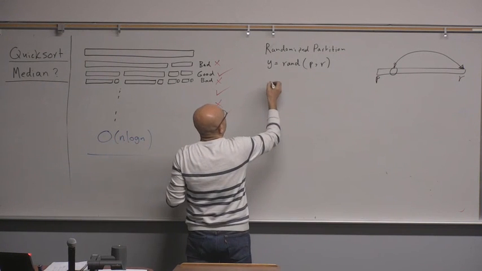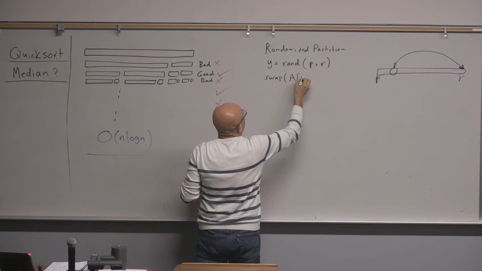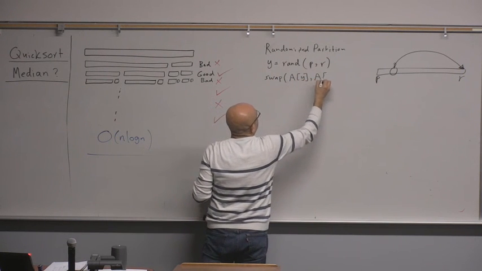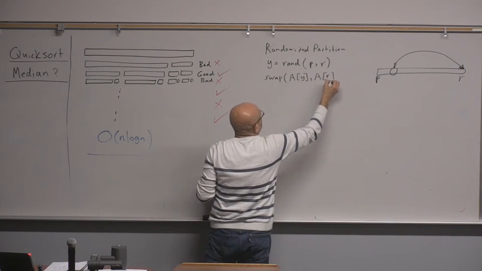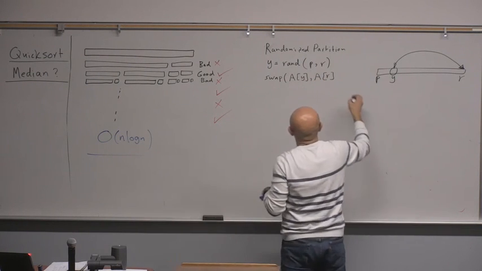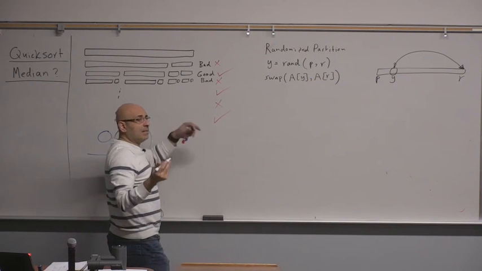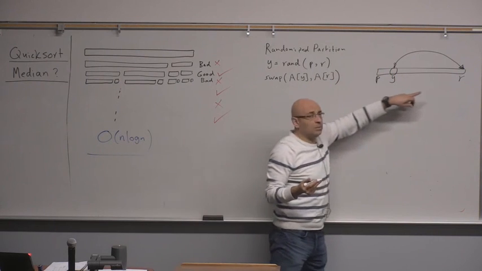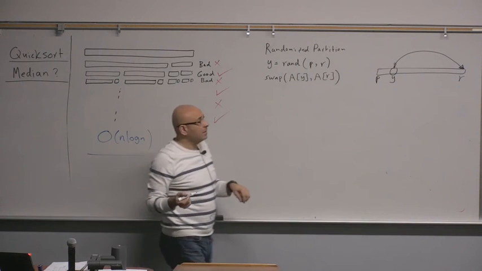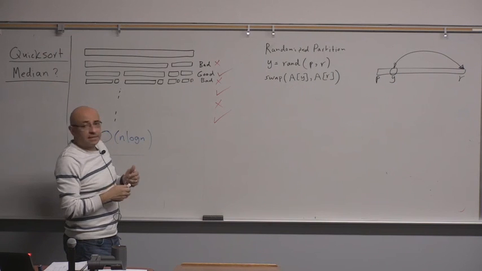Then you do swapping between A of y and A of r. So this is y, and this is r, and you swap them. And then a randomly selected element will be at the last index in the array.